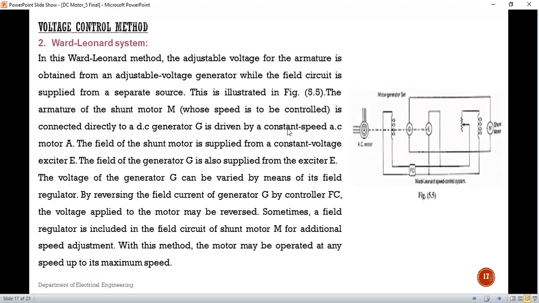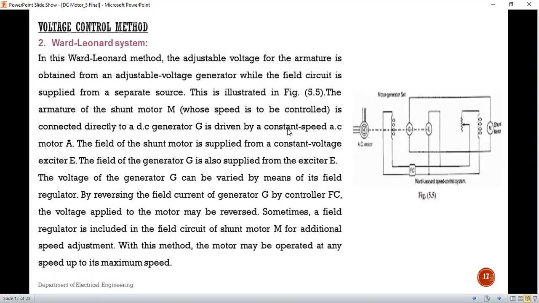Sorry, not efficiency, but the speed control or the speed is the most important factor. By using the Ward-Leonard system, we can control the speed of a DC shunt motor in the ratio of 10:1.